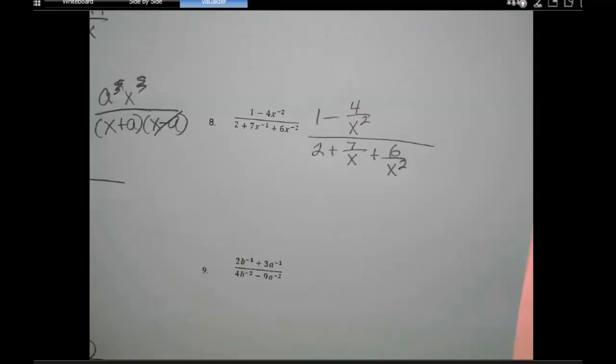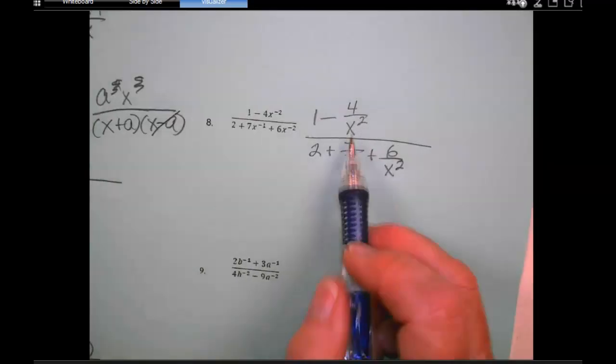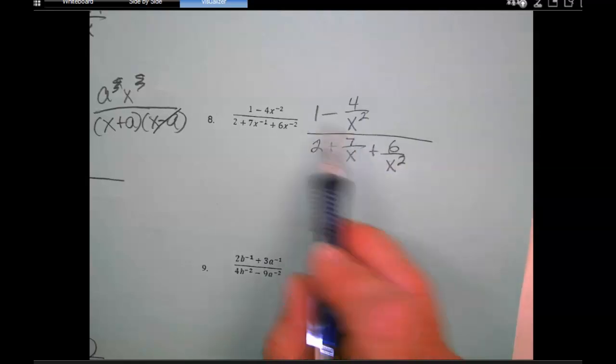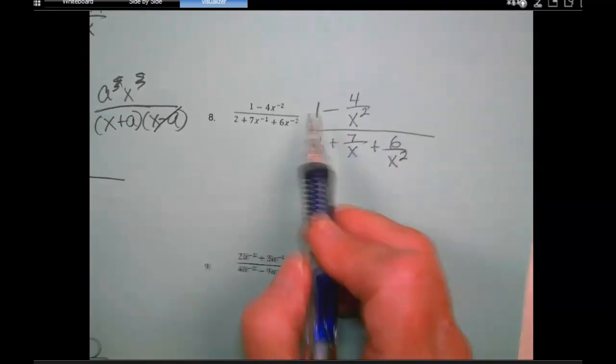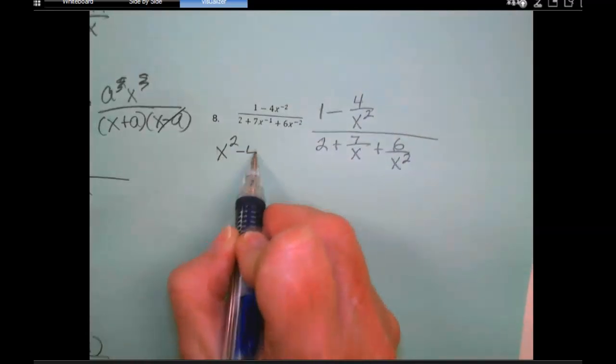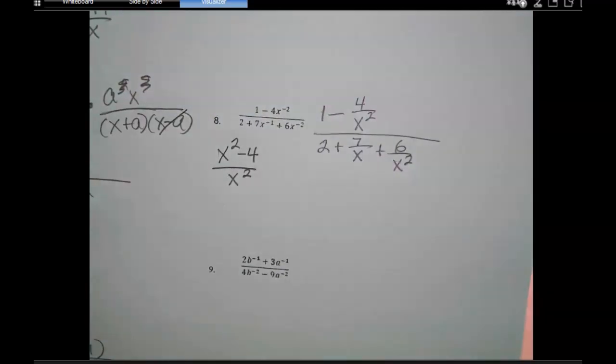Still no logs. Okay. Now, on top, guys, what would my common denominator be? It'll be x squared, correct? So what am I going to multiply the 1 by? So I get x squared minus 4 over x squared. We can all agree with that?